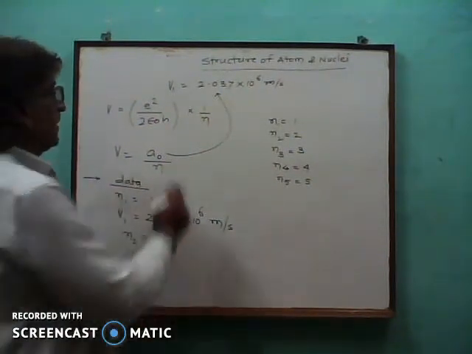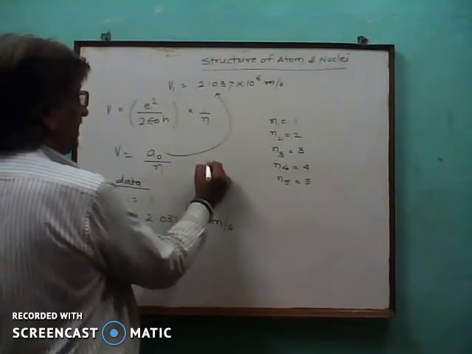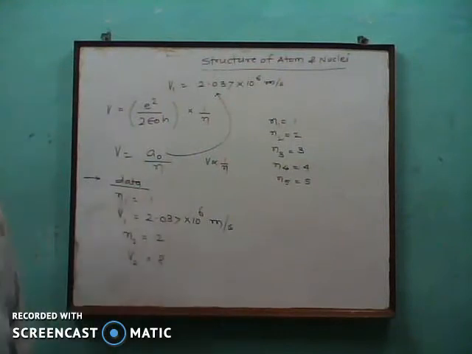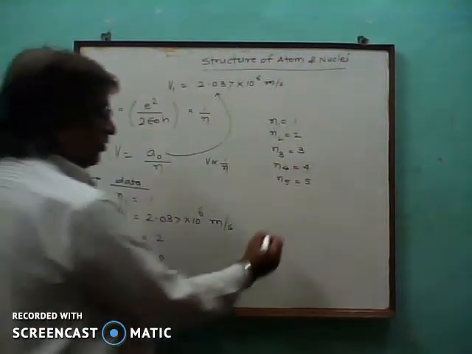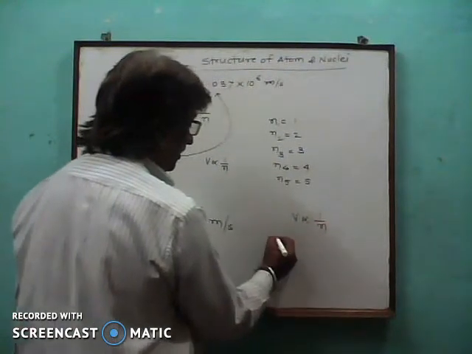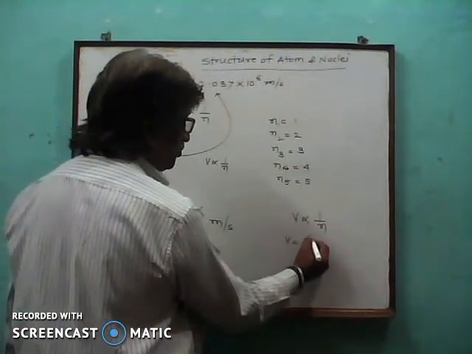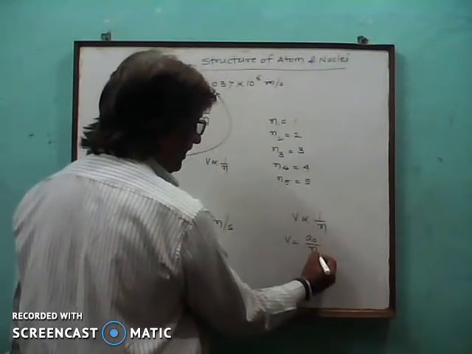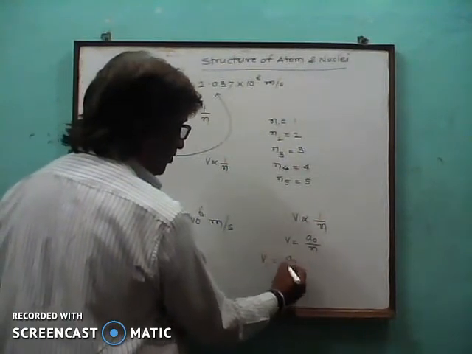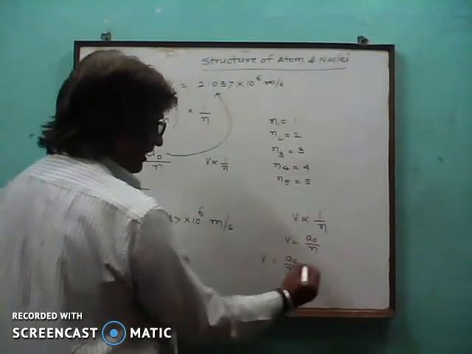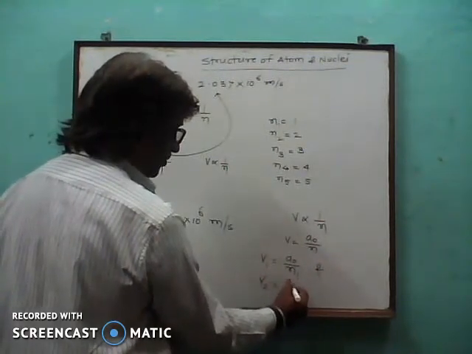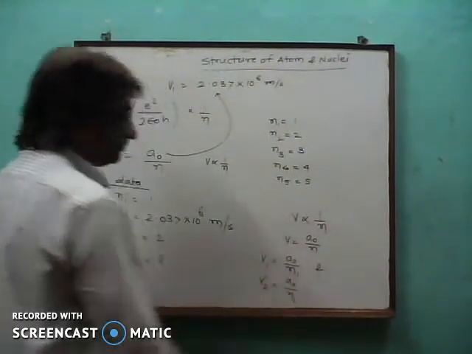Using the formula, if the bracket term is constant, velocity is inversely proportional to the principal quantum number. Therefore V equal to A0 upon n. Similarly, V1 is equal to A0 upon n1 and V2 is equal to A0 upon n2.